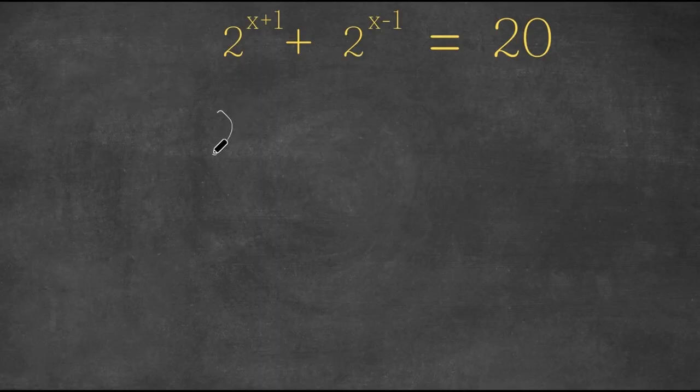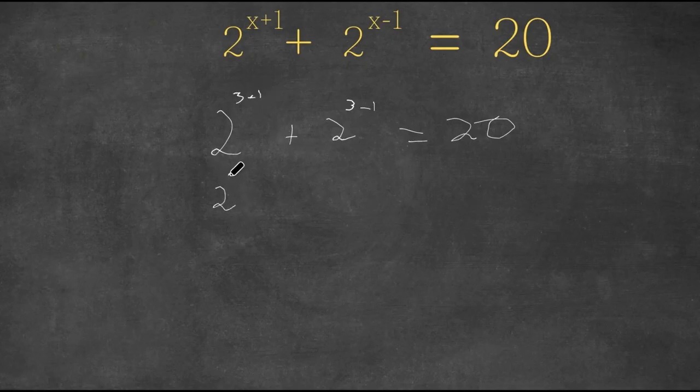So we have 2 to the power of 3 plus 1 plus 2 to the power of 3 minus 1 equals 20. 2 to the power of 3 plus 1 is the same thing as 2 to the power of 4, plus 2 to the power of 3 minus 1 is the same thing as 2 squared.